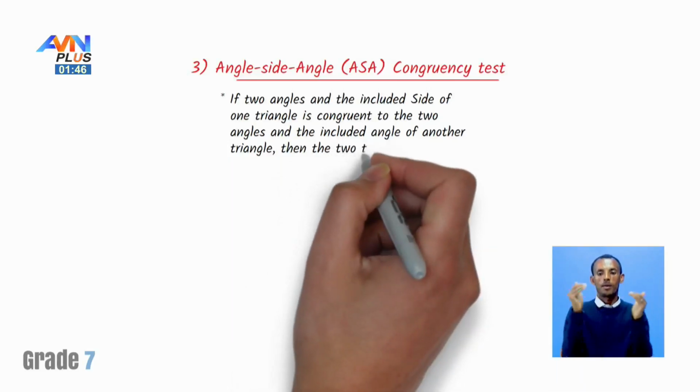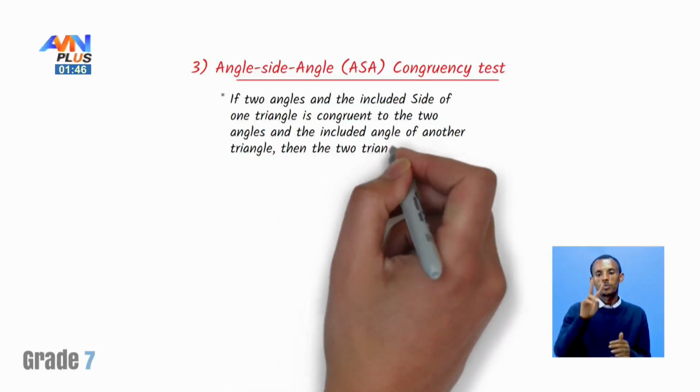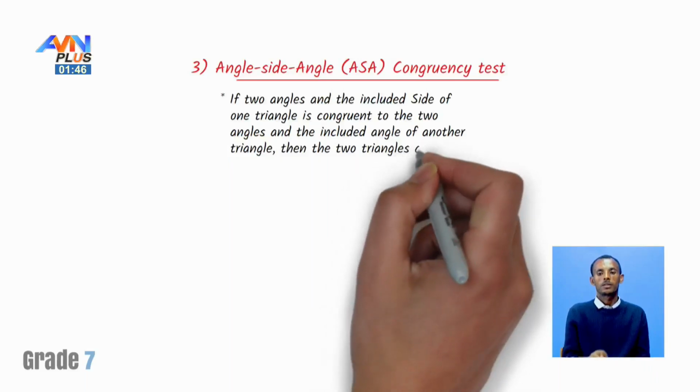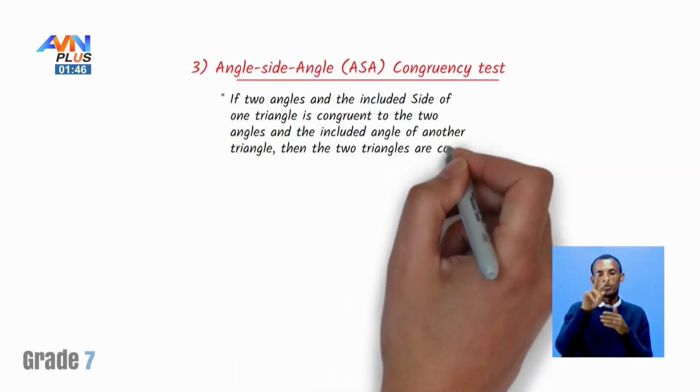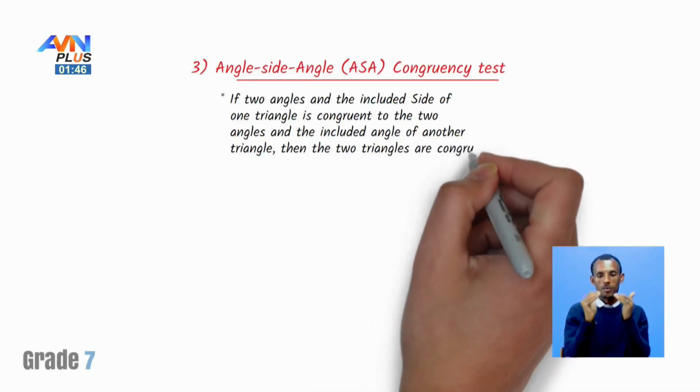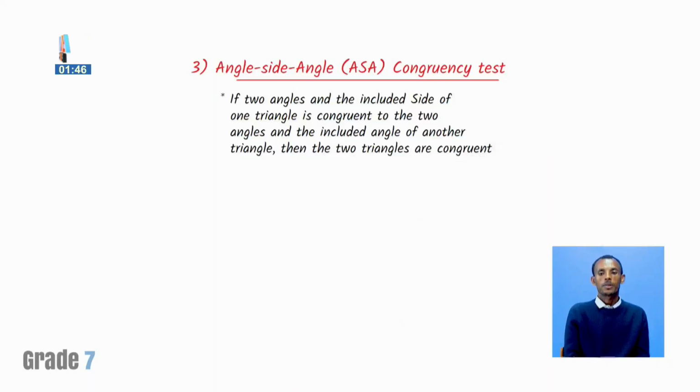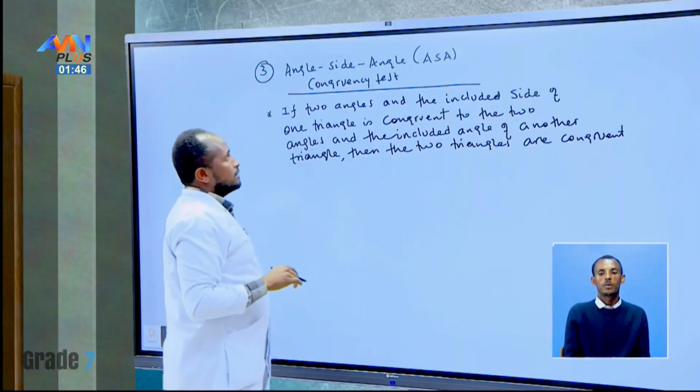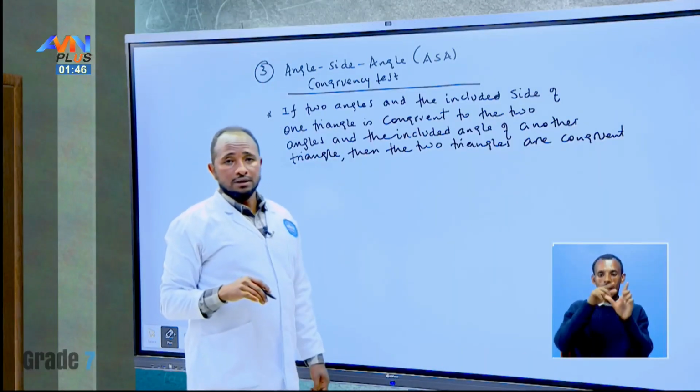Then the two triangles are congruent by the angle side angle test.